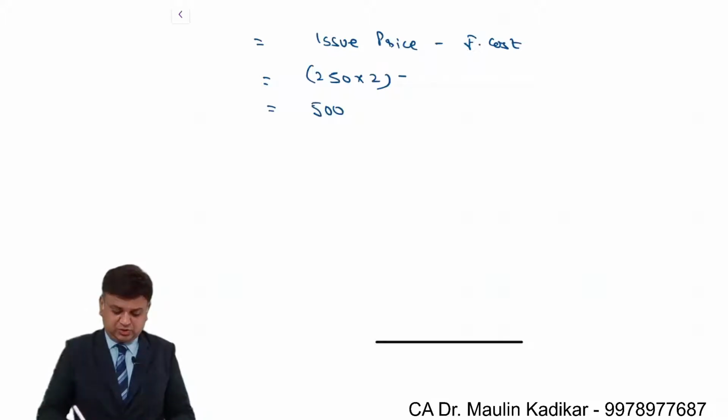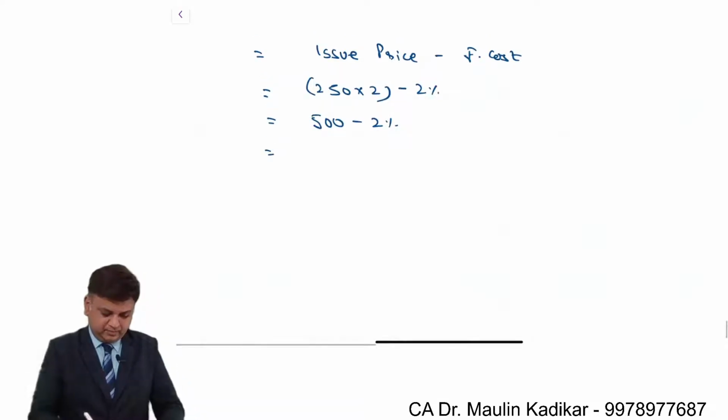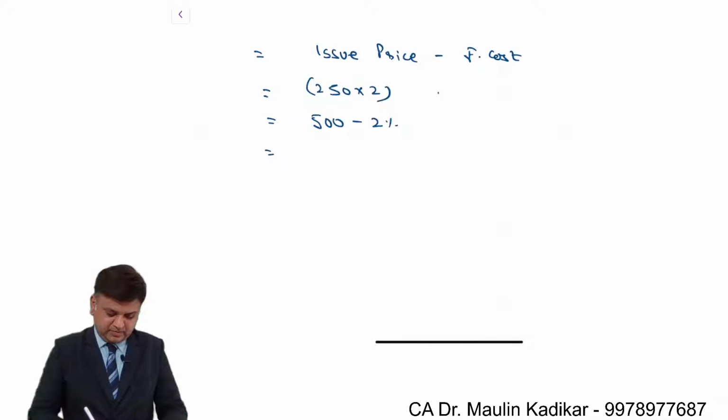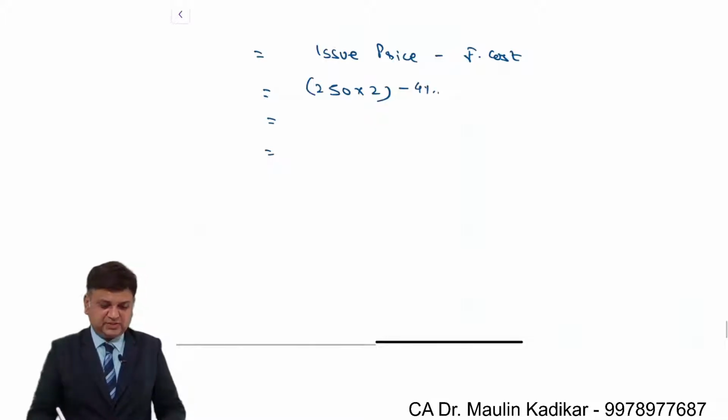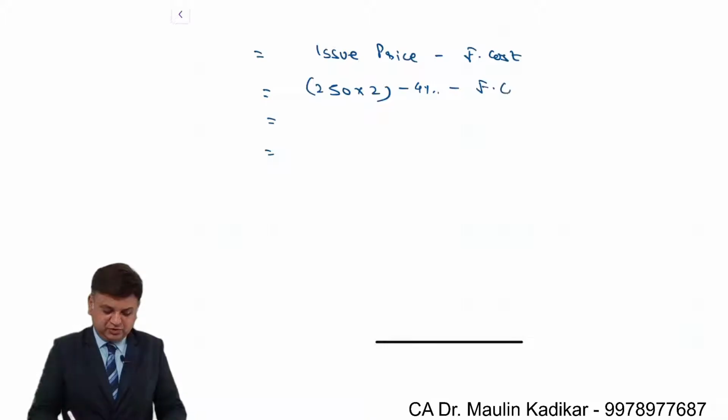Minus 4% because it is going to be issued at a discount, minus flotation cost.